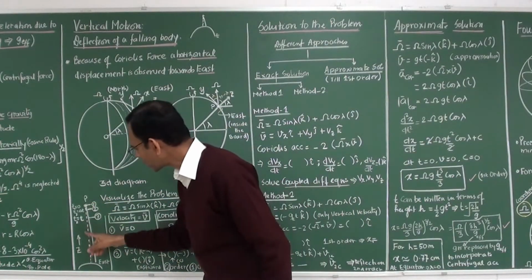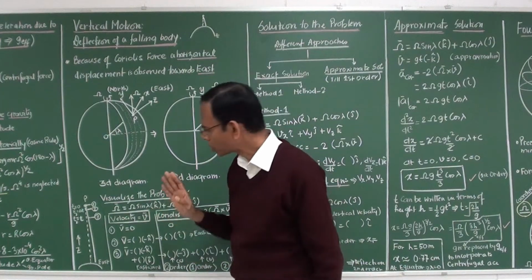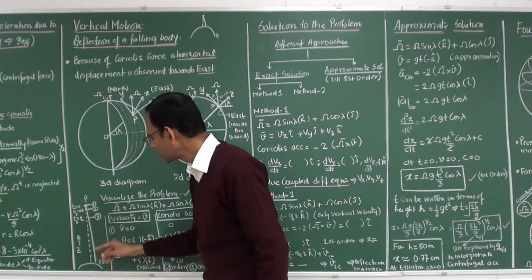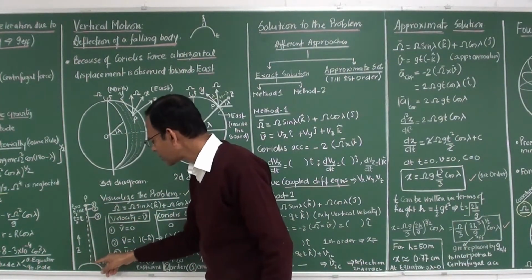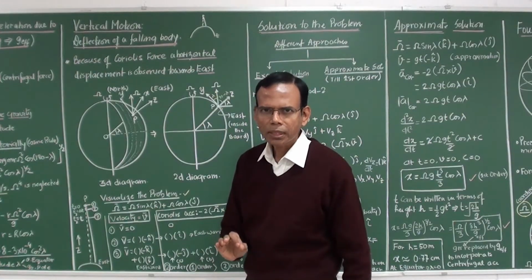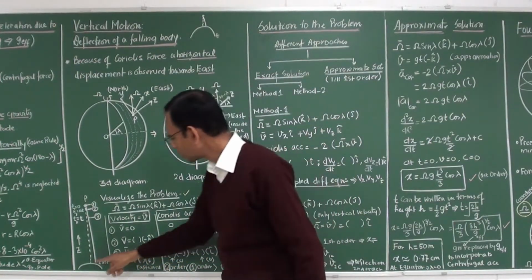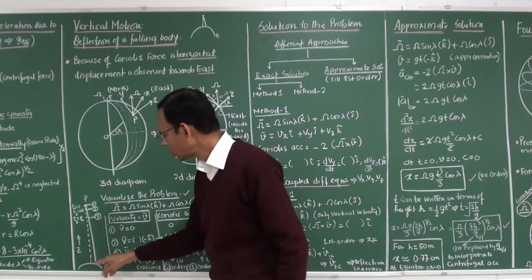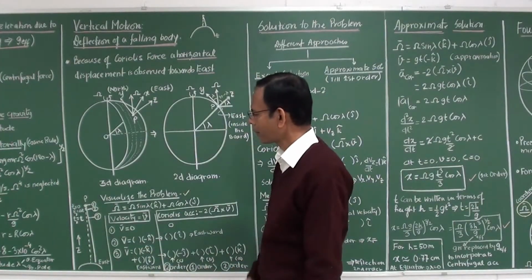This dotted line is a vertical line, but it is not falling exactly vertically down; there is a little bit of shift, a small shift towards the direction east.